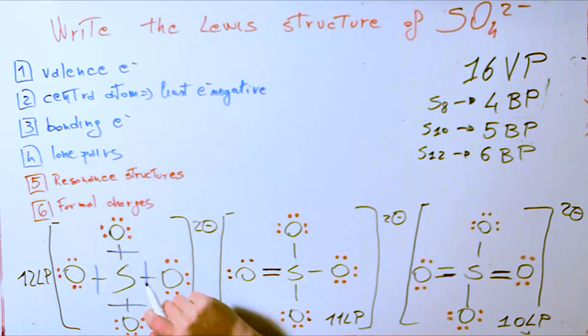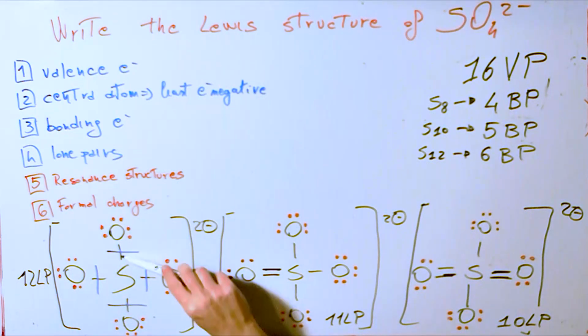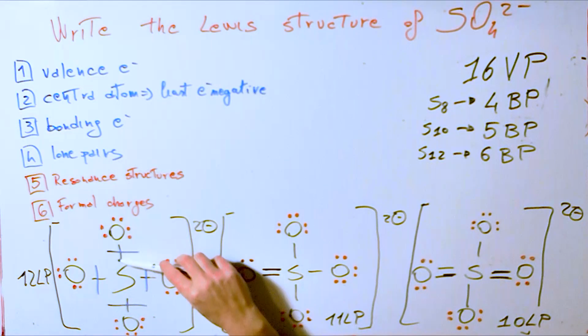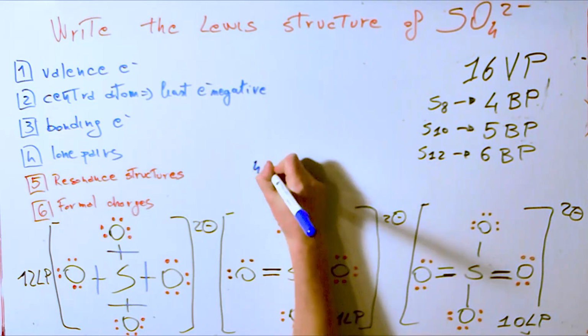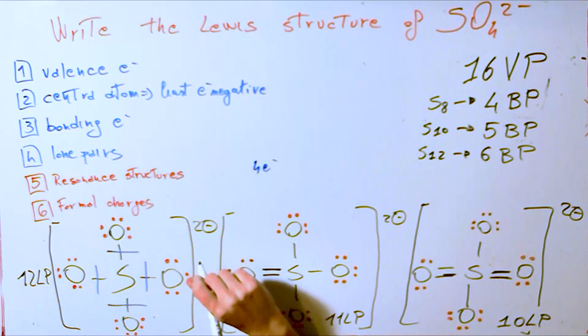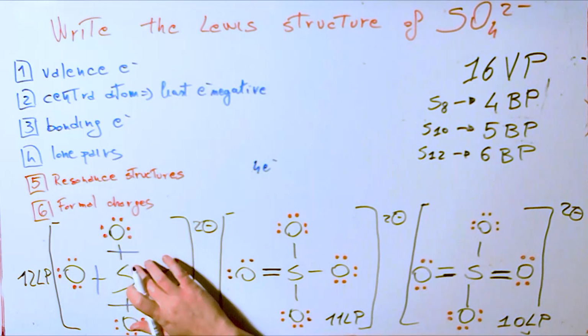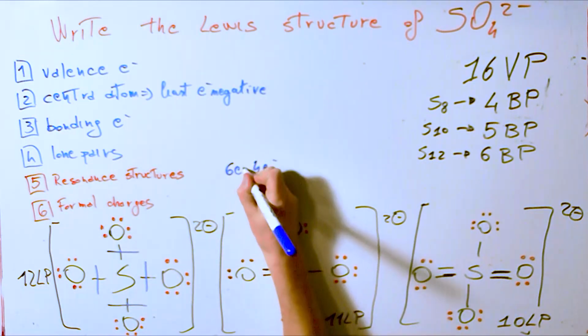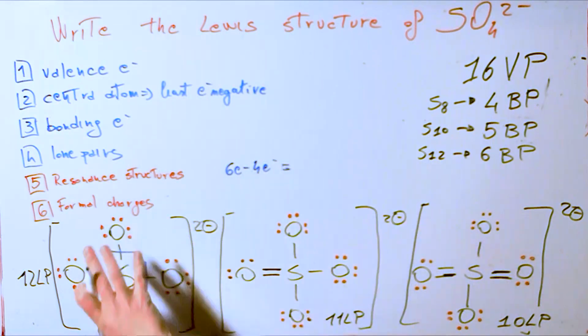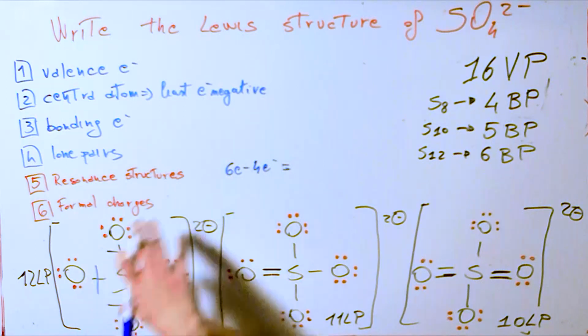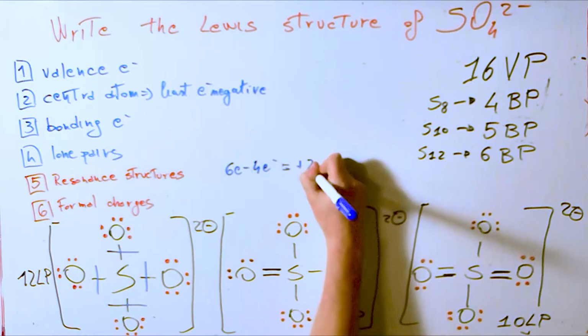So the formal charge for this sulfur will be 1 electron for this half bonding pair, 1 from this, 1 from this, so it's 4. This sulfur has 4 electrons around it. But the valence electrons of sulfur is 6. So 6 minus 4 means that during the formation of this structure, the sulfur acquires a +2 charge.